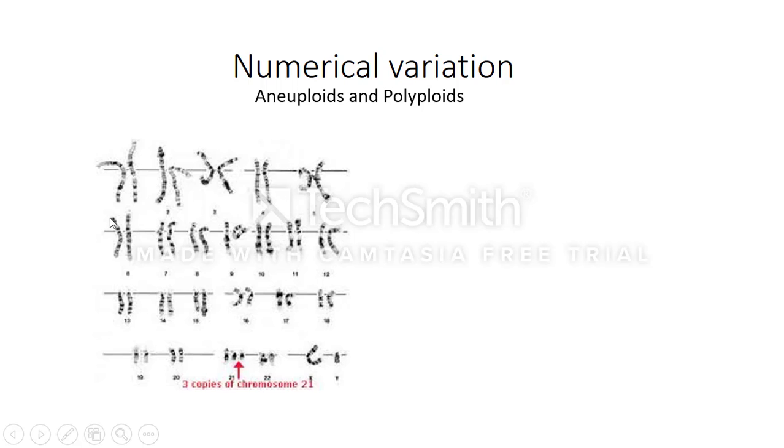In this case, this is actually an aneuploid, and what happened here is that this individual has gained a chromosome right here. So they have 3 copies of chromosome 21. This is simply a change in the number of chromosomes in the karyotype. A simple change in the number of chromosomes in a karyotype is aneuploidy.